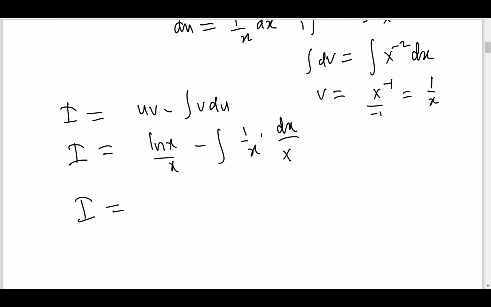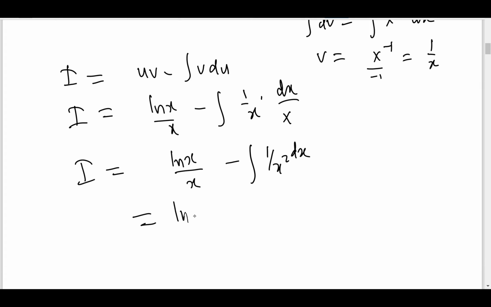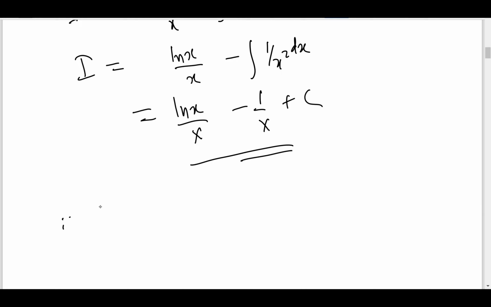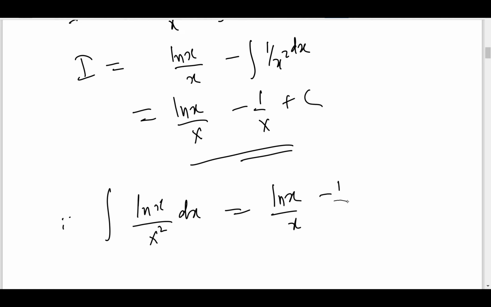Our integral is reduced to ln x over x minus the integral of 1 over x squared dx. So the result is ln x over x minus 1 over x plus a constant, dear students. This is the integration of ln x over x squared dx.